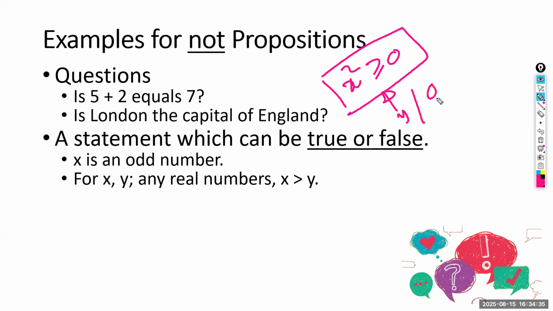Don't worry, your answer may be wrong. That is why you are here for this class, right? Otherwise, you would not attend the class, if you know everything. What do you think? This is a real number, the numbers that we use in maths in day-to-day life. x squared is greater than or equal to 0. Proposition, no, not.